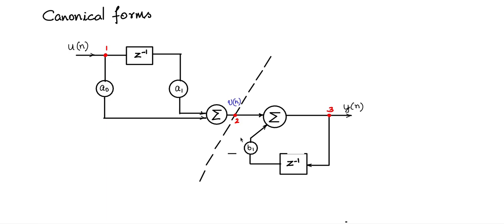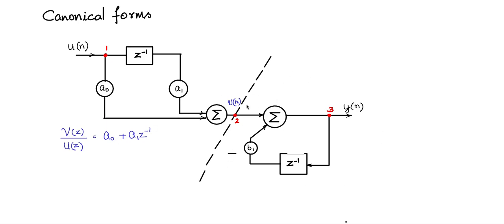So if you look at this part, this is an FIR filter. So let us say I want to have the transfer function of Vz by Uz. Which is, we know that this is A0 plus A1 into Z to the power of minus 1. So this is the transfer function.